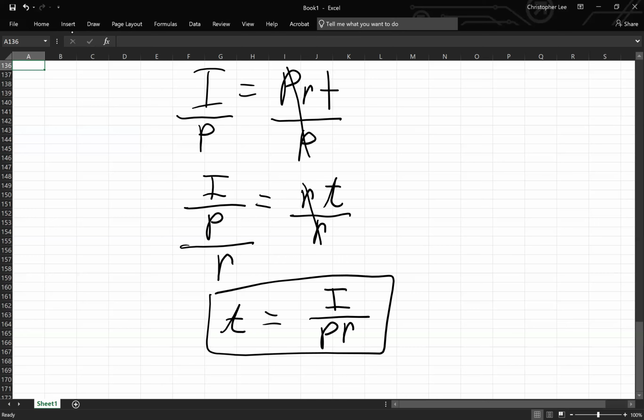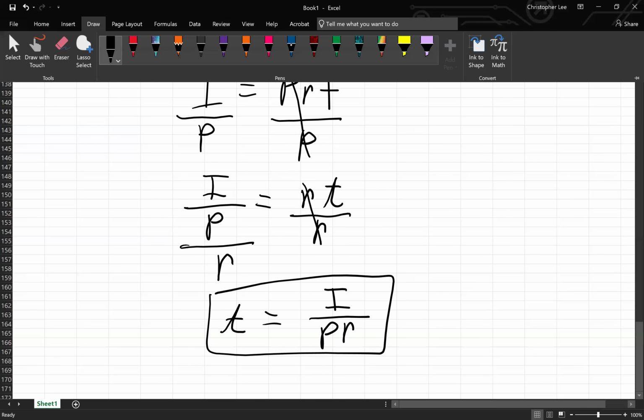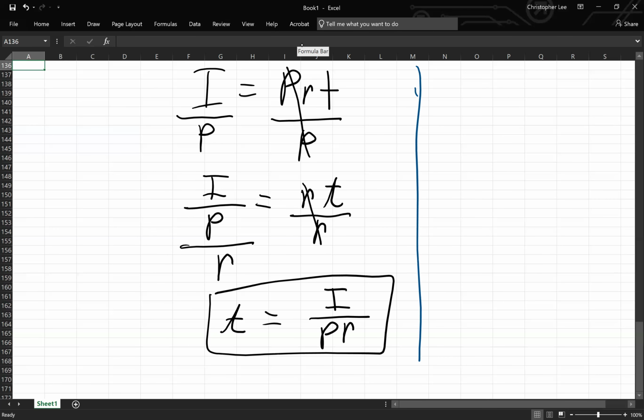Now, for me, I'm a little bit more advanced, right? When I see this, I is equal to PRT, I know that the P and the R are being multiplied to the T. So I actually just divide by the P and the R one shot.